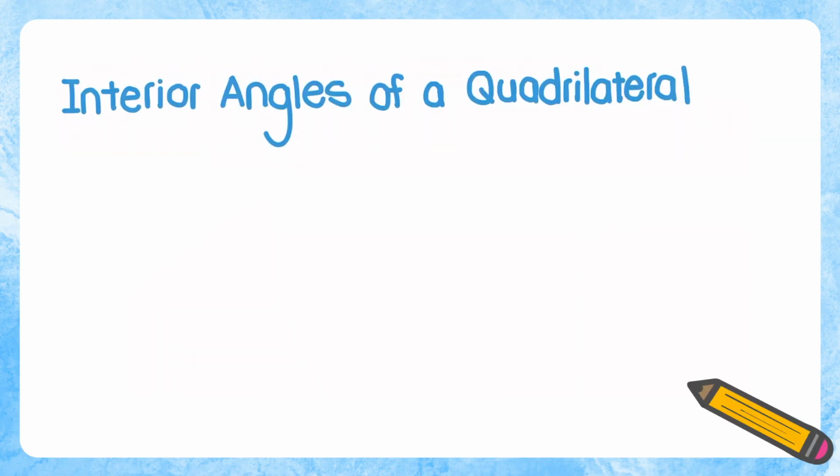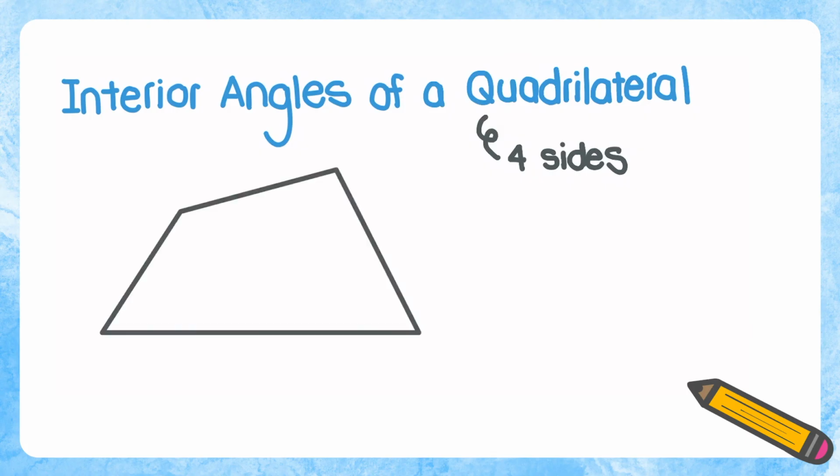First, let's look at the interior angles of a quadrilateral. Remember that a quadrilateral is a polygon with 4 sides. So here is a quadrilateral, and I am going to see how many triangles I can create by drawing diagonal lines. Notice how if I draw a diagonal right here, I can create 2 triangles.